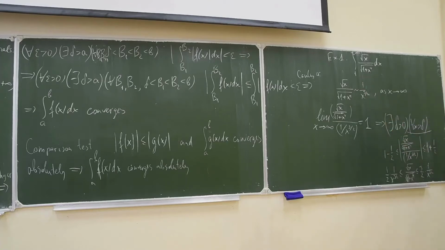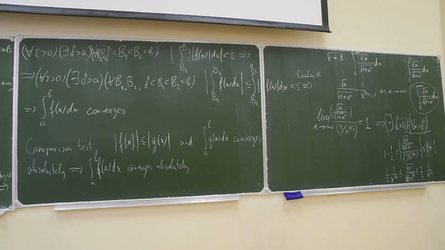Why? Because for the integral from 1 to delta, we have no question. The function is continuous under the integral, right? Hence, the integral is a finite number, and we can forget about it. So the question is in the improper integral for the rest.